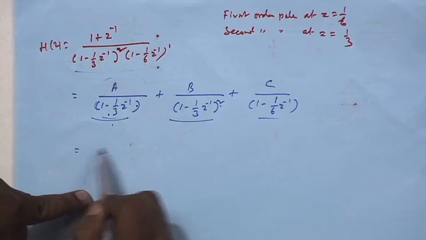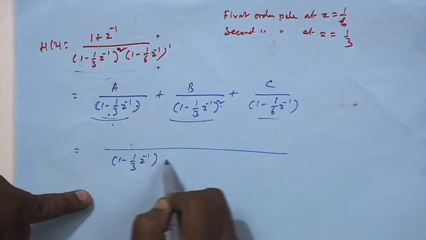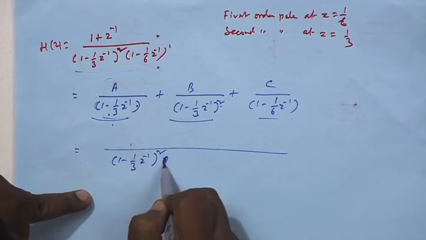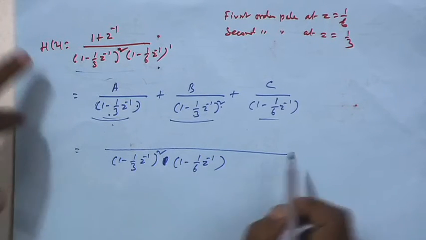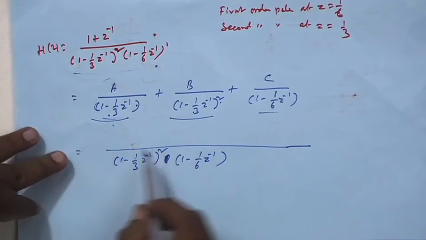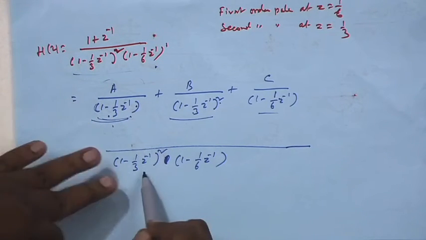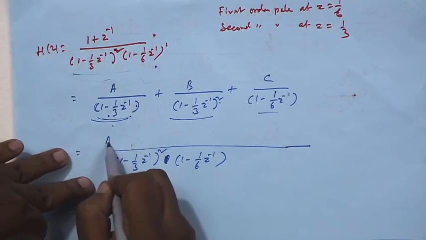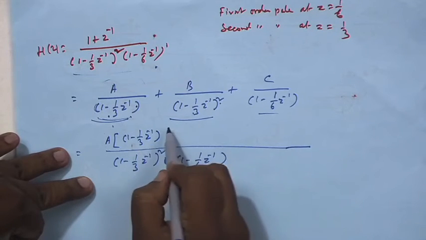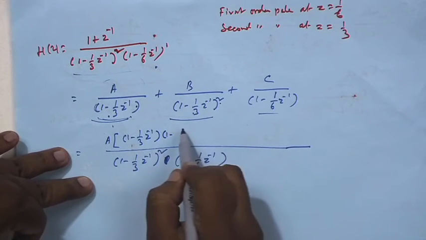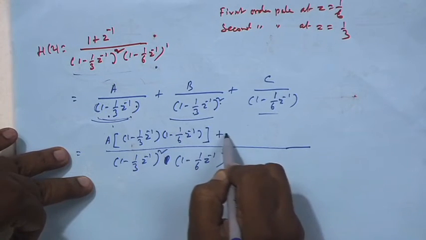If you add them, you will have 1 by the square. So, what will happen? 1 minus 3 z inverse, if you take that out, you will be getting A into this.